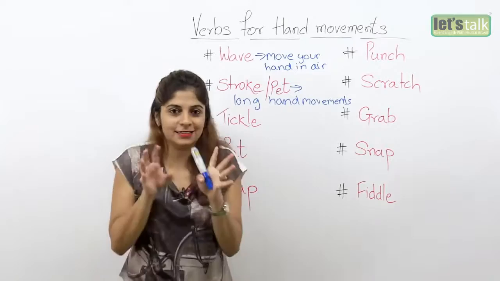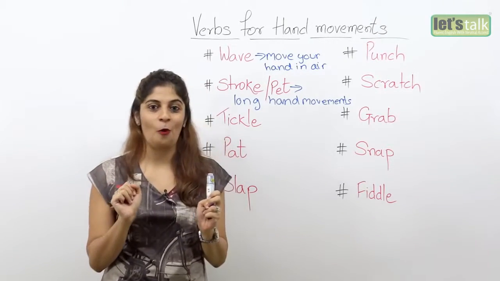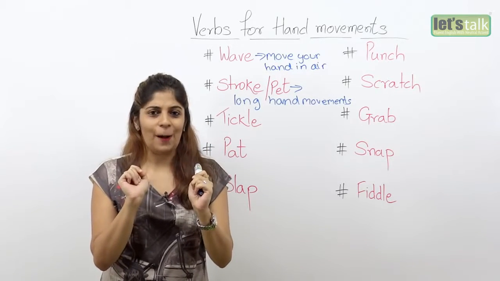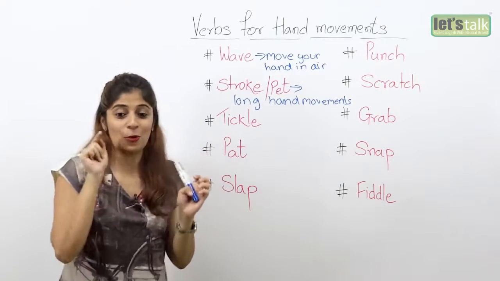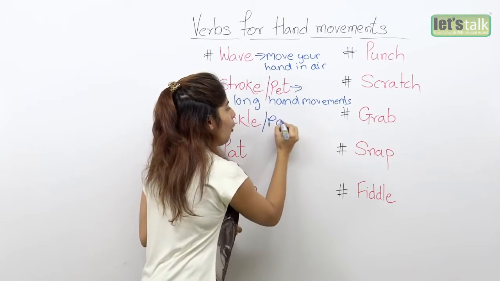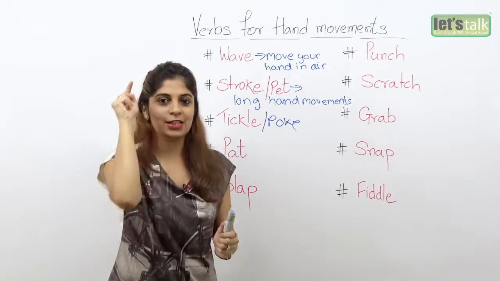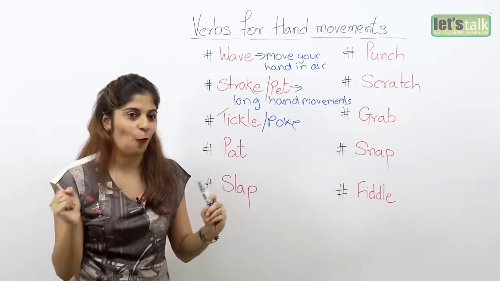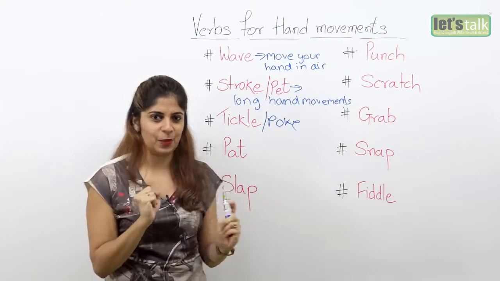Next one, tickle. Tickle is when you prod or use your fingertips or your fingers to make someone laugh. So you touch them lightly, or you poke them with your finger. So either it's tickle or poke. Poking is using just one finger and you touch someone, just to make them laugh or even to make them a little uncomfortable.